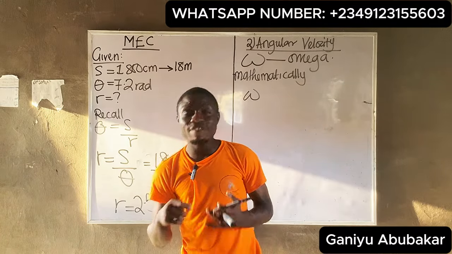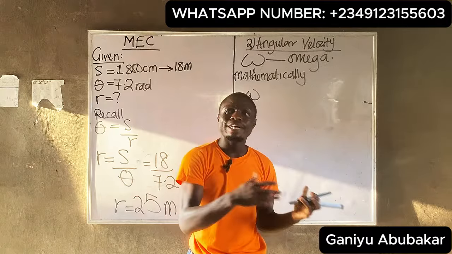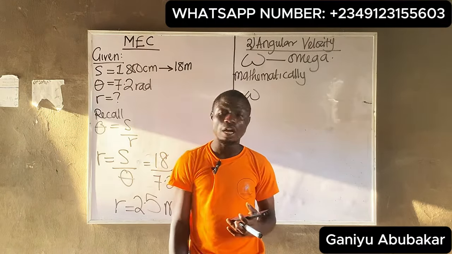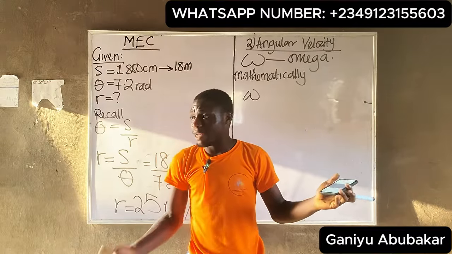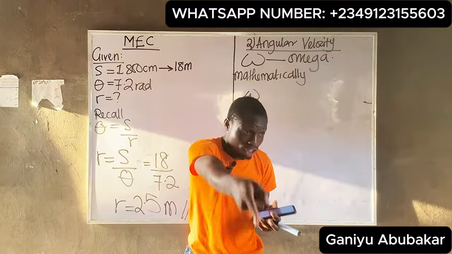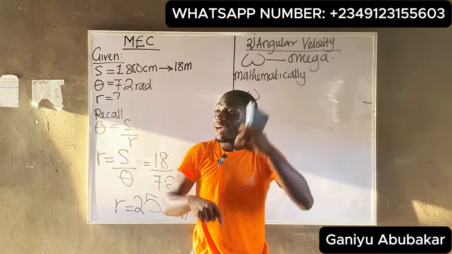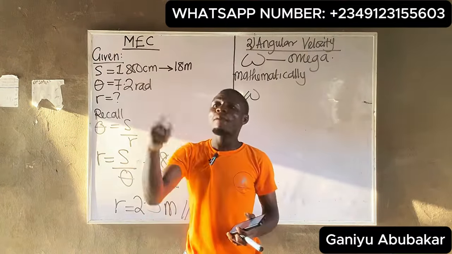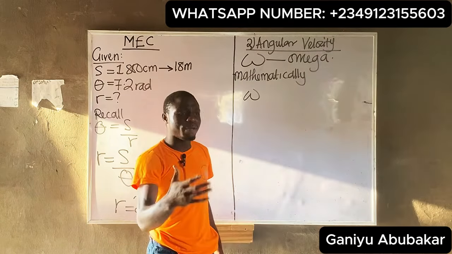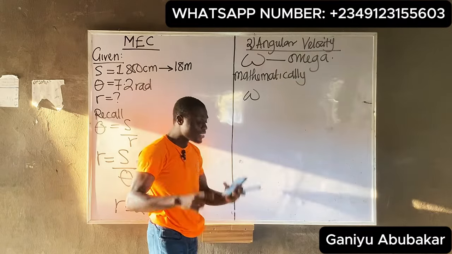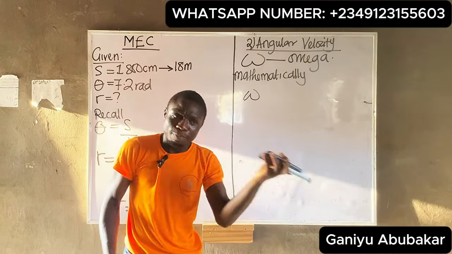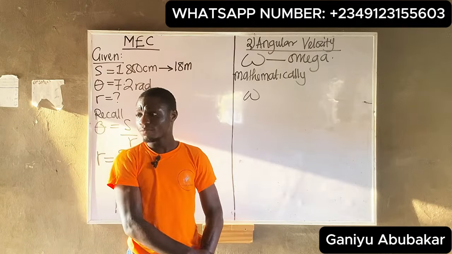If I say displacement, it means distance over time. If I say rate of change of displacement, it means displacement over time. Please, who will tell me the formula for this? It says rate of change of angular displacement. What formula here?